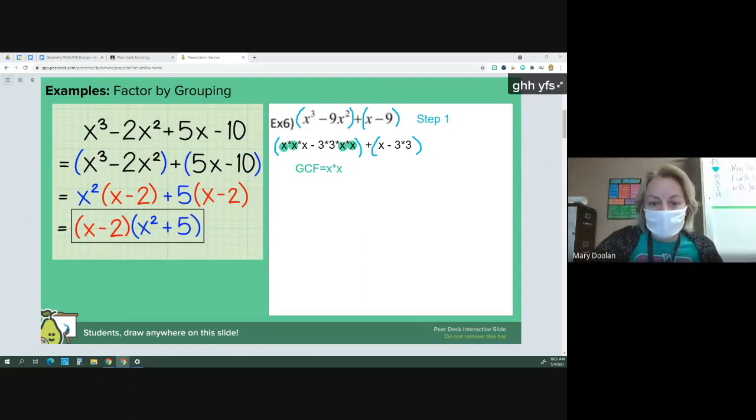And so this is the second step. We're looking for individual GCFs of just the 2 binomials. And I'm going to probably use a different color for this one here. But I don't have anything. Sometimes you won't have anything in one of them. Sometimes you will. X, 3 times 3. There's nothing in common here.